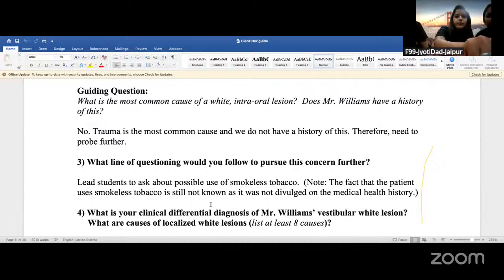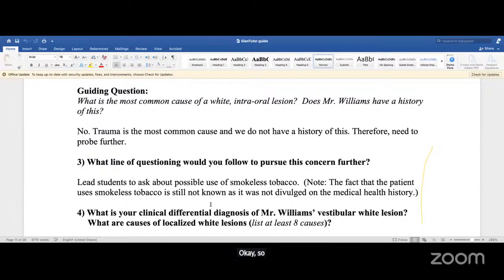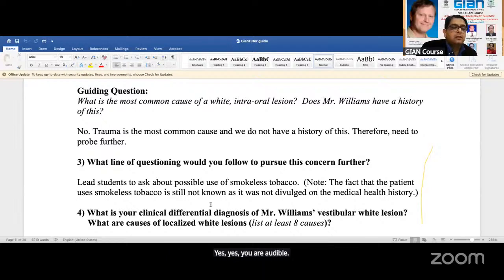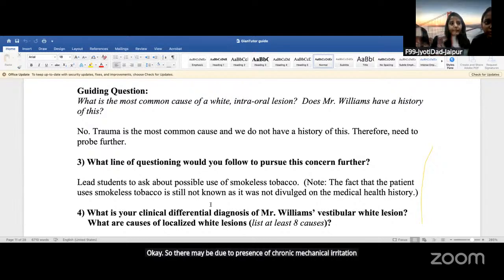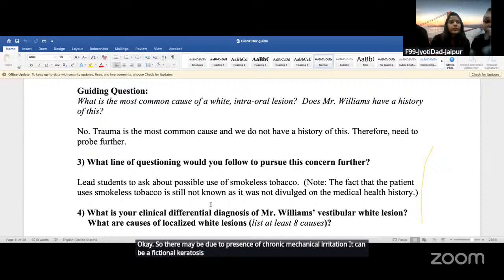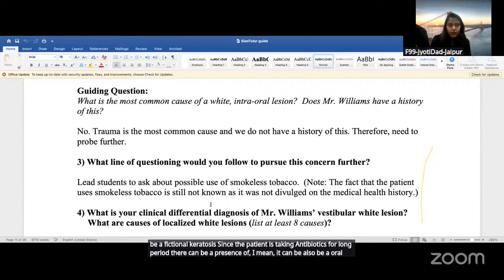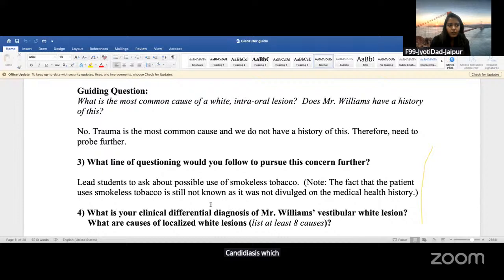Can you hear me? Yes, you are audible. So it may be due to chronic mechanical irritation, a frictional keratosis. Since the patient is taking antibiotics for a long period, it can also be oral candidiasis, which is more common in diabetic patients.